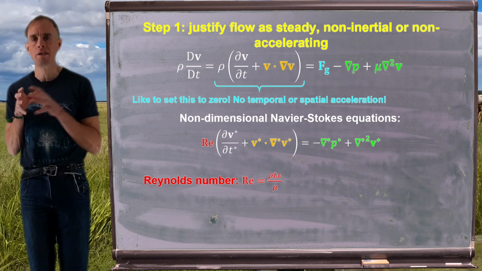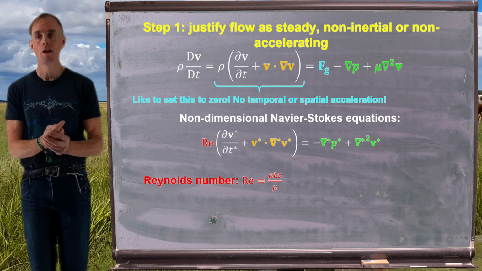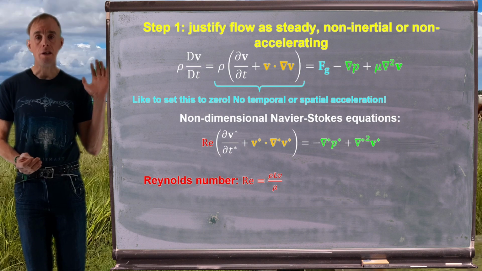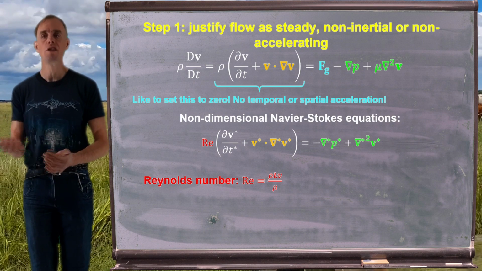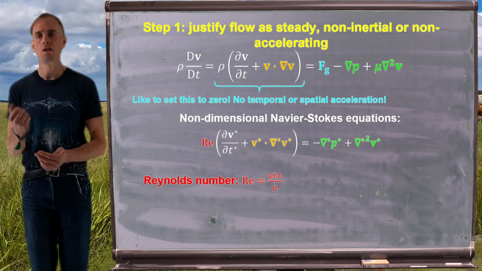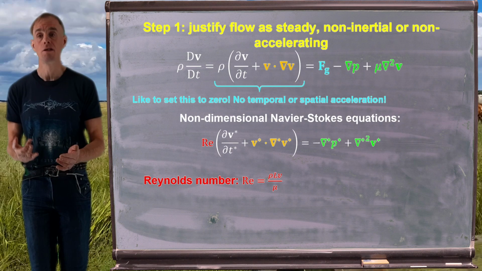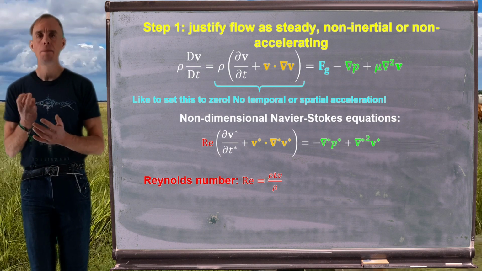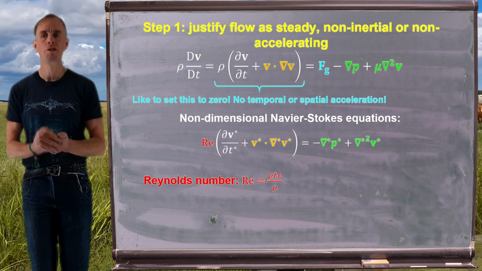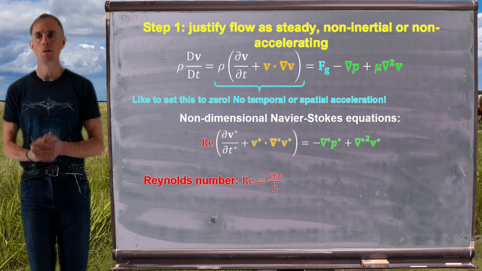And so if you identify these groups of terms and divide each parameter by those groups of terms, you end up with the non-dimensional Navier-Stokes equations, where V star has no units, where T star has no units, where P star has no units, and where the gradient and Laplacian operators also have no units. This is rather useful because it can really pick out some important pieces of physics for us that might otherwise be obscured in the dimensional form of the equation.